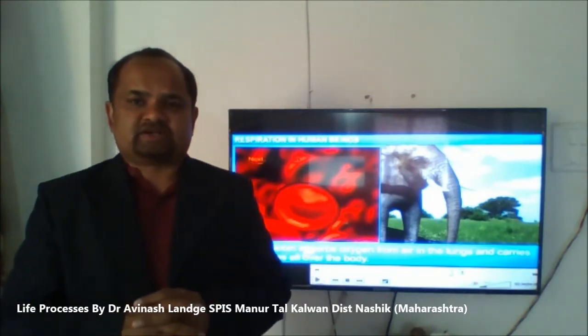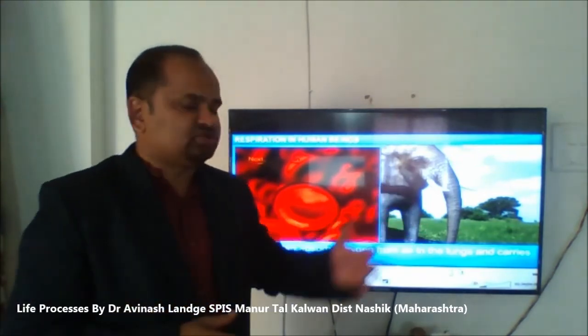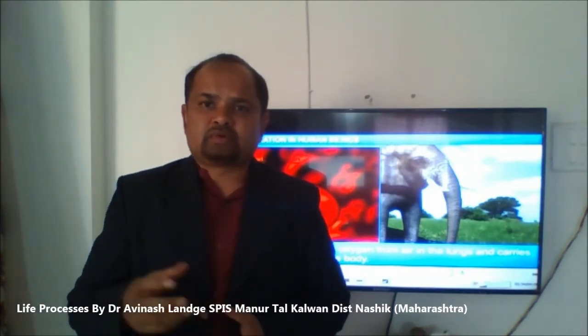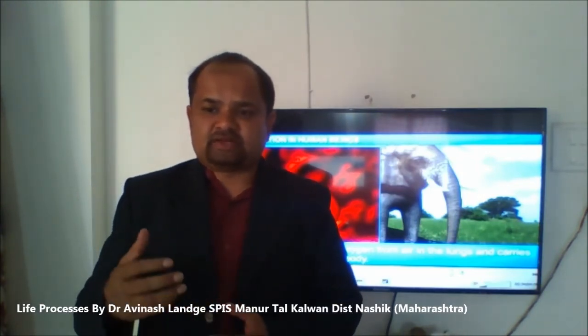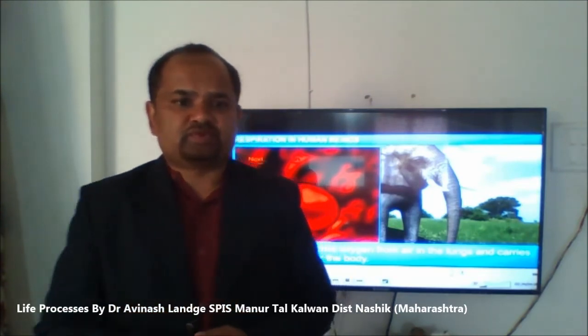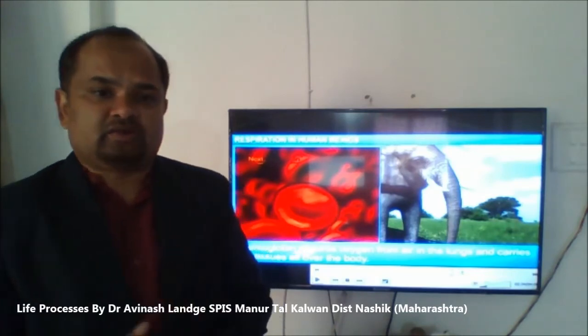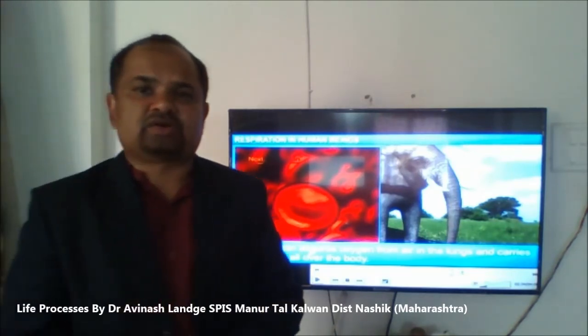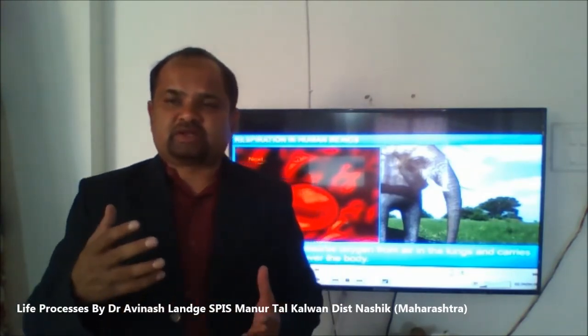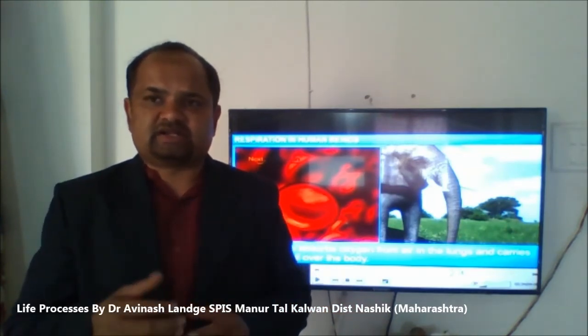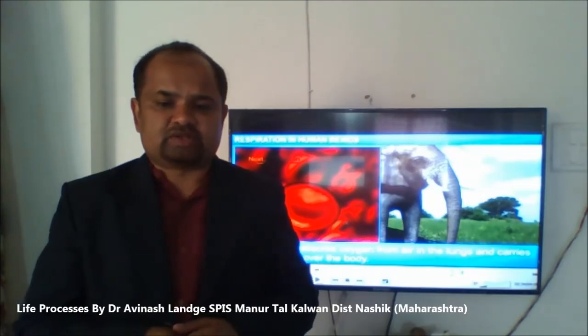But as far as higher animals are concerned, like human beings, like the elephant shown here, it is not possible for them to exchange gases with the help of diffusion. So specialized organs are developed, called respiratory organs. Through the respiratory organ, humans or some higher animals can exchange gases, and it will be an easy process for that.